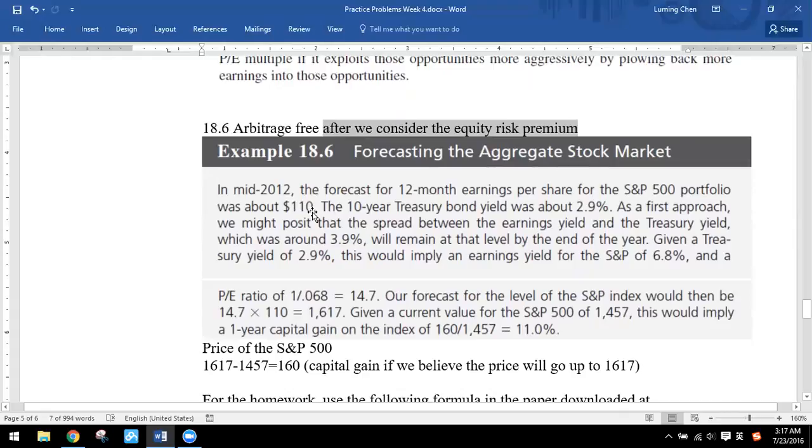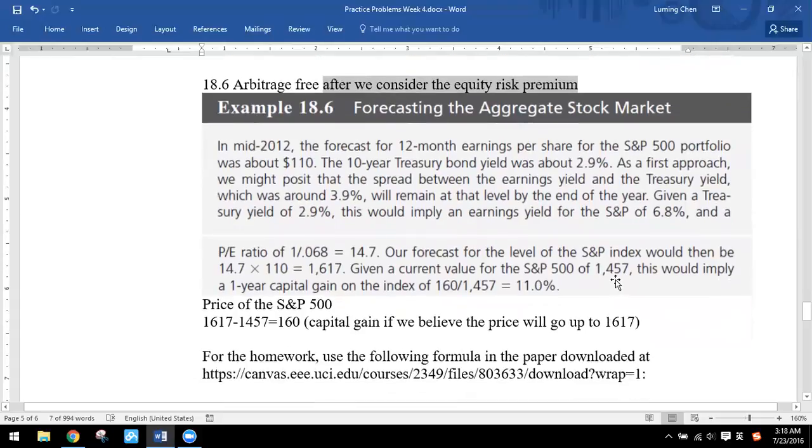So our forecast for the level of the S&P 500 index should then be the earnings per share times the multiple, which should be 1617. Given the current value of the S&P 500 of 1457, this would imply a 1-year capital gain on the index of 160 over 1457, which is 11%.